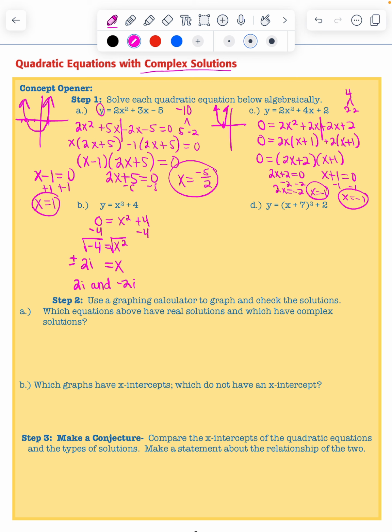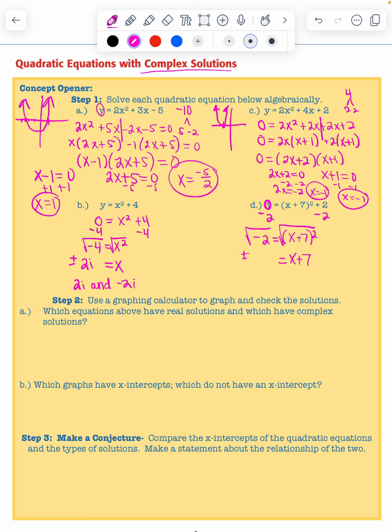And then for the next one, this looks like a perfect setup for the square root method. So I would subtract 2 from both sides, making this 0, of course, at first. We would get -2 equals the quantity x plus 7 squared, and then we undo that by square rooting. Now, when we do square root both sides, we have to realize the other side here is going to be plus or minus.